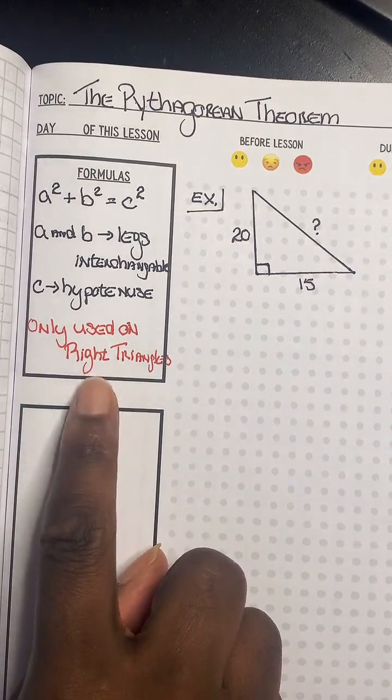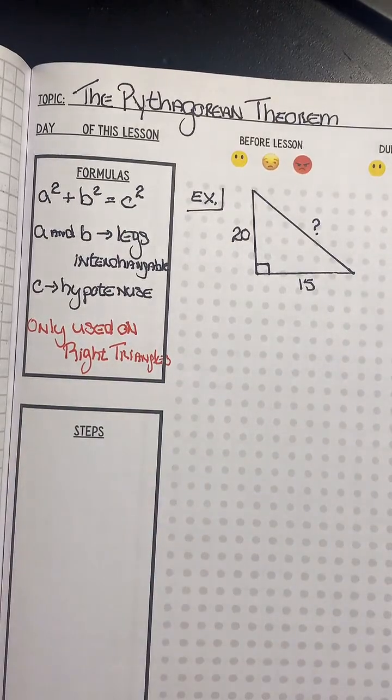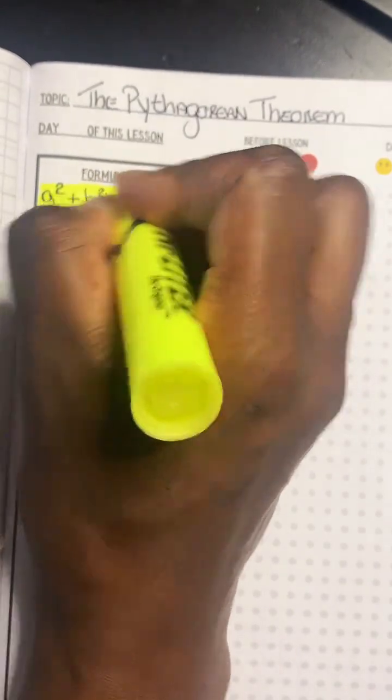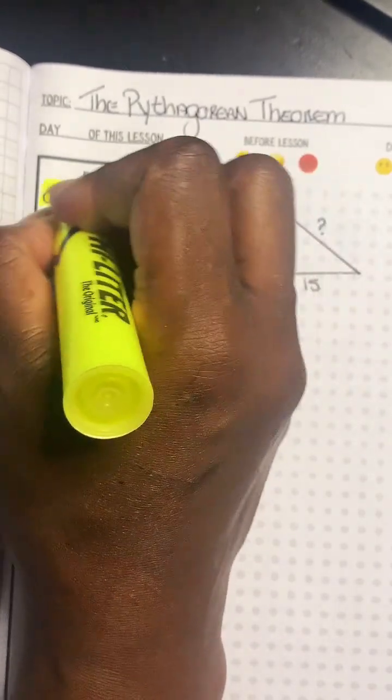If you take a look over here on the side, this is exactly what I'm talking about: A squared plus B squared equals C squared. A lot of us have it memorized and wonder why.